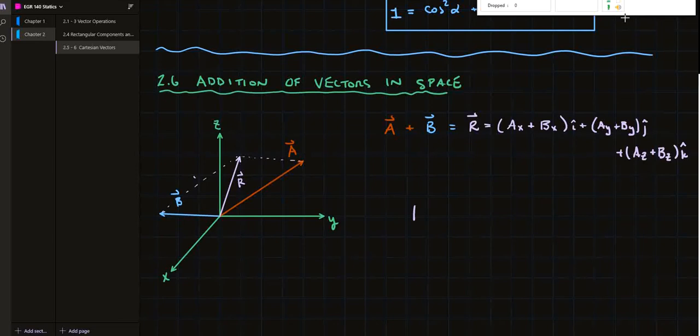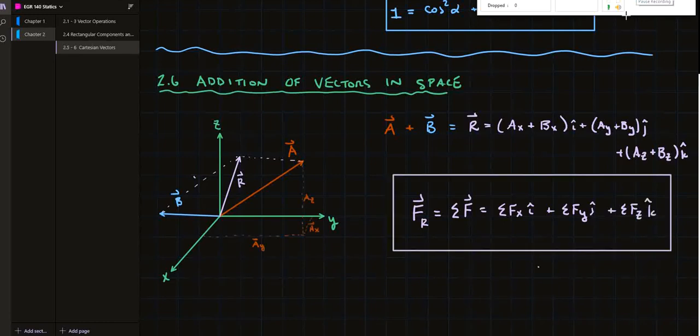So in other words, for a force, the resultant force is just the sum of all x component forces plus the sum of all y component forces plus the sum of all z component forces of the vectors. And I've added some components here for this A force so you can see what I'm talking about. So you have a component in this direction for the x, a component in this direction for the z, and a component in this direction for the y.